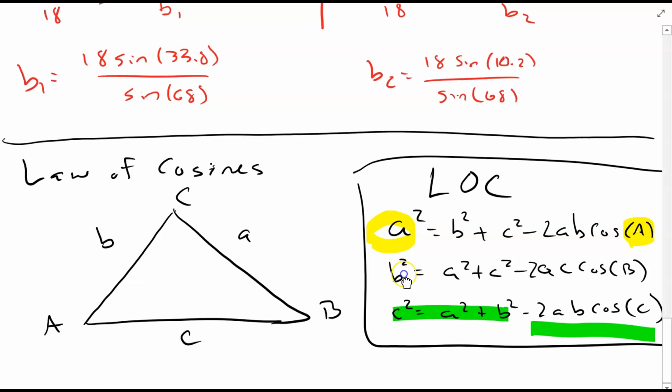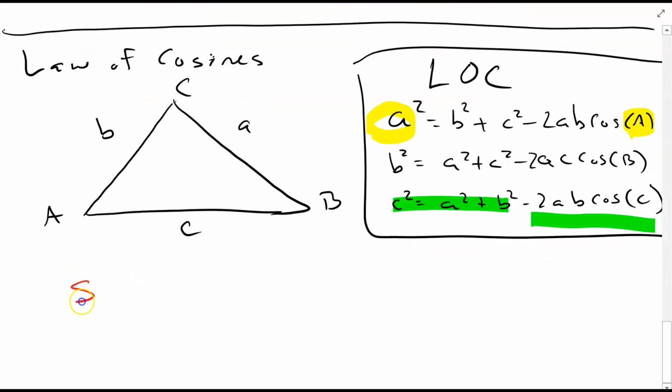So when we do the law of cosines, we can use it in a side-side-side situation or a side-angle-side situation. Those are the 2 situations where we'd want to use the law of cosines. Although we have to be a little bit careful in each of these situations what we do first.